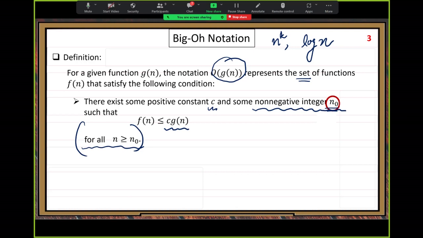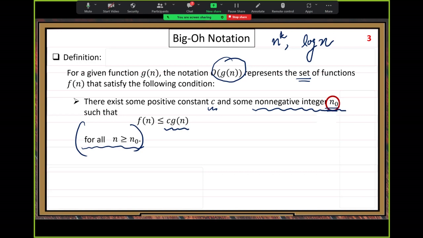Usually f of n is a relatively complicated function, so we want to simplify it. The g function is the simplified version, used to measure the f function. How to measure? With a positive constant c multiple.